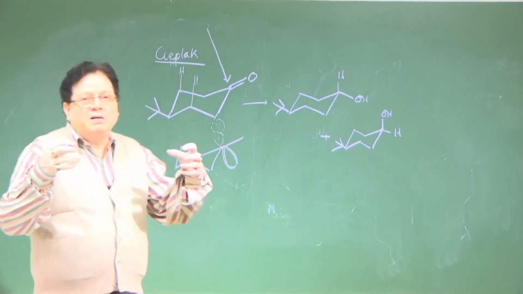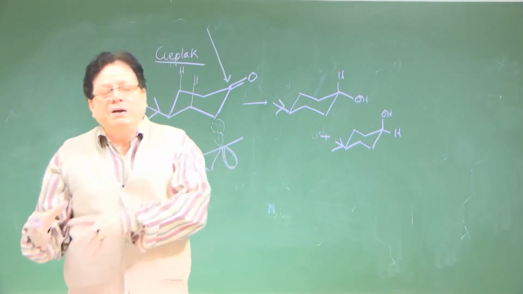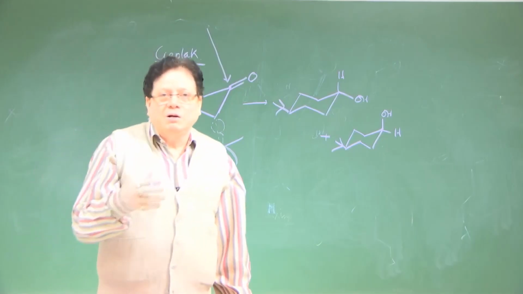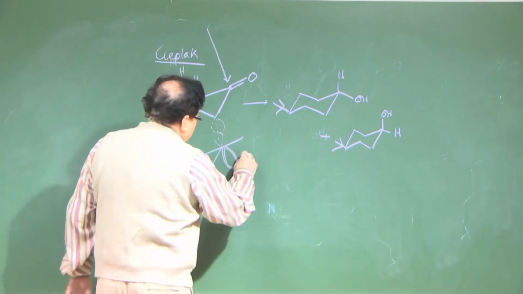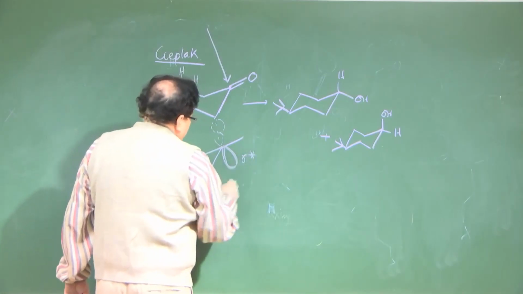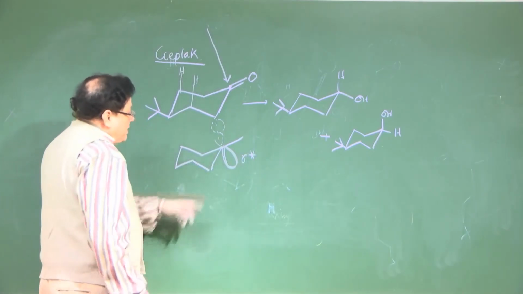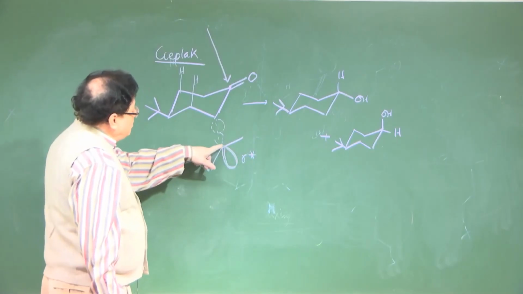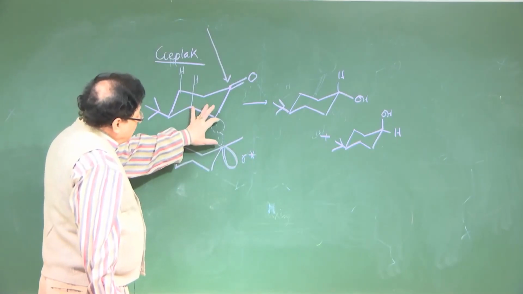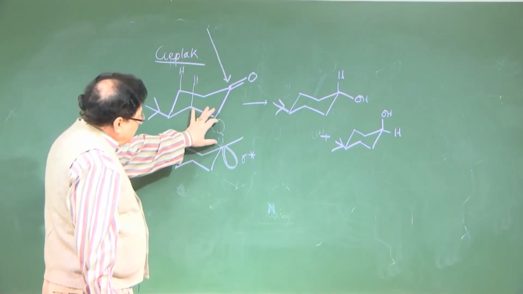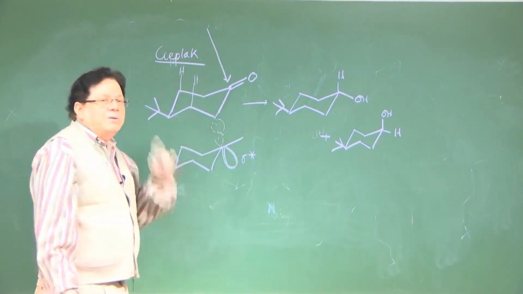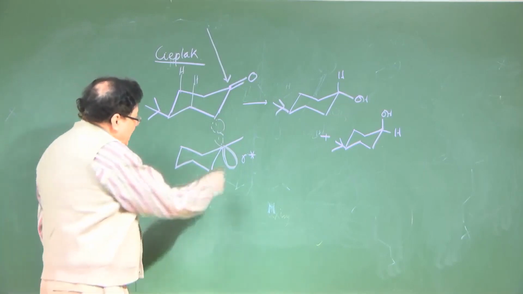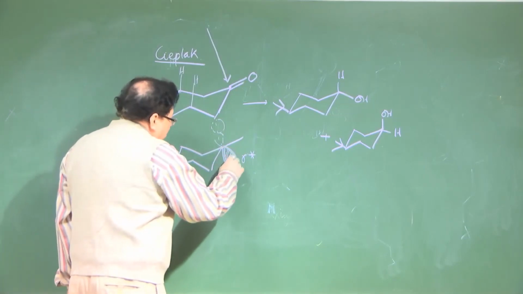Whenever two orbitals interact with each other, an anti-bonding orbital is formed, which has a bigger lobe at the back side. What is this anti-bonding orbital? This is the sigma star of the bonding that is being formed between the nucleophile and the carbonyl carbon. Okay. So, that antibonding orbital has a bigger lobe at the bottom.